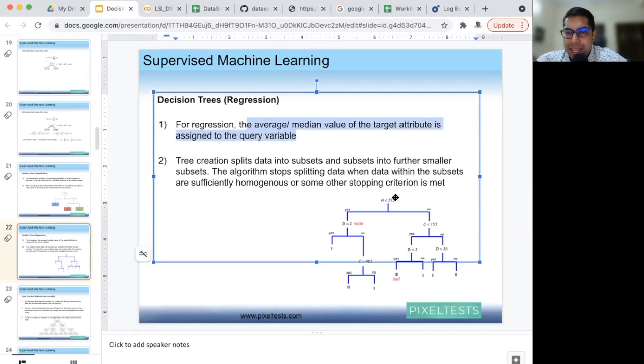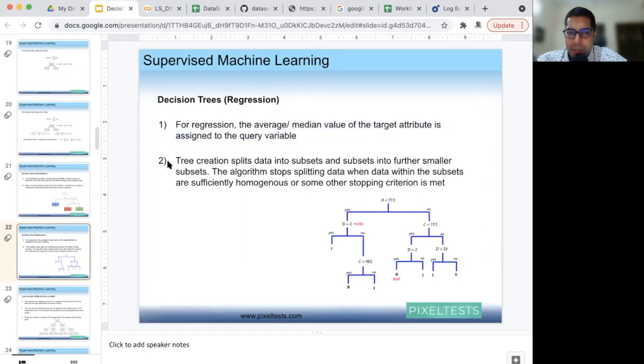So if you want to predict the runs or whatever, the algorithm inherently takes the average and then makes small decision tree splits, right? So tree creation splits into subsets, and further subsets are built, and then the algorithm keeps going. This is not very difficult to visualize or think about, and we are going to see this a lot more closely.